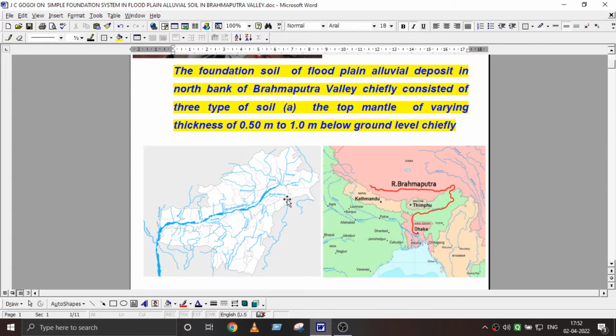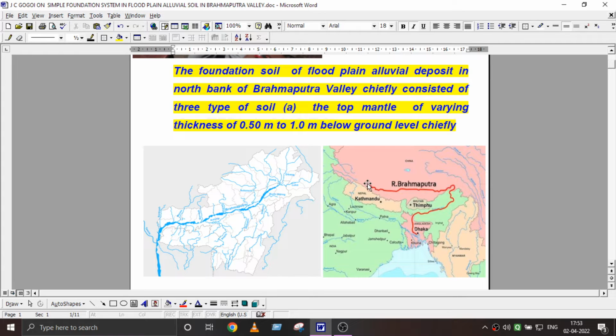The Brahmaputra Valley starts from Pasighat, and in South Bank at Parshuram Kund, up to the Bangladesh border, that is Dhubri.